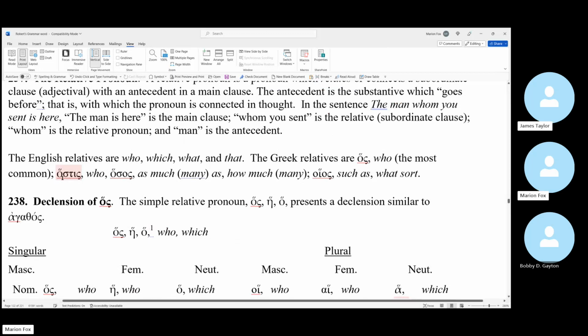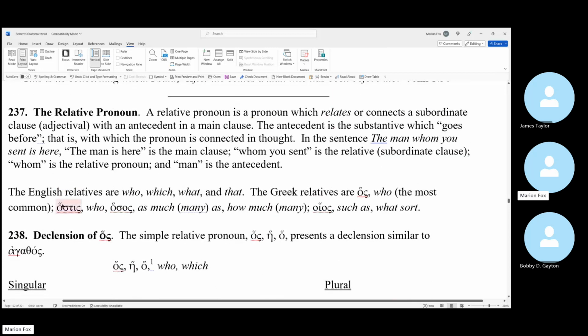But is it also nominative plural? No. I believe it's fully declined. So it wouldn't have a different form for nominative plural? Yeah, I have a different form for nominative plural.